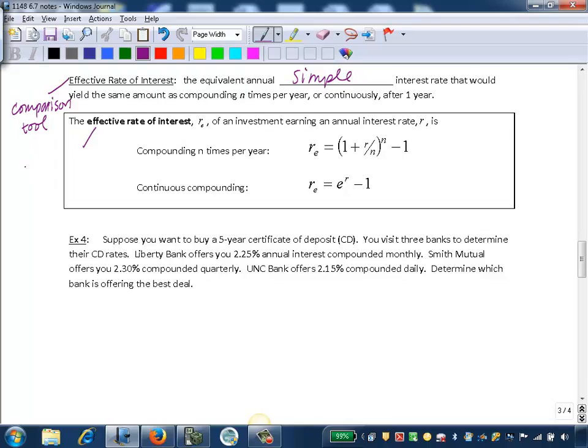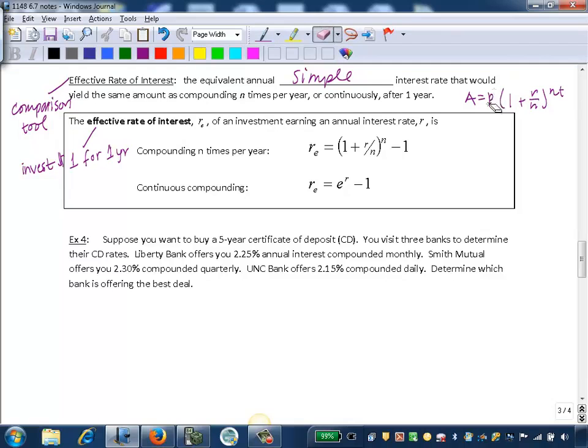So if you look at these formulas, you invest $1 for 1 year. Remember our compound interest formula, A equals P times 1 plus R over N to the NT.